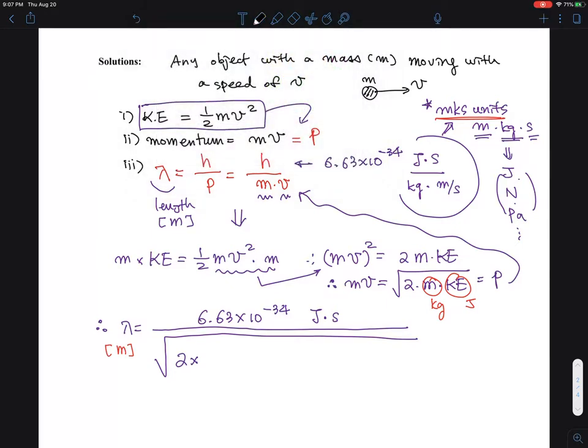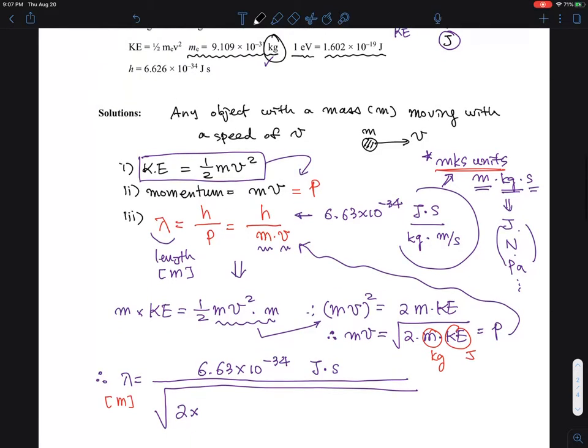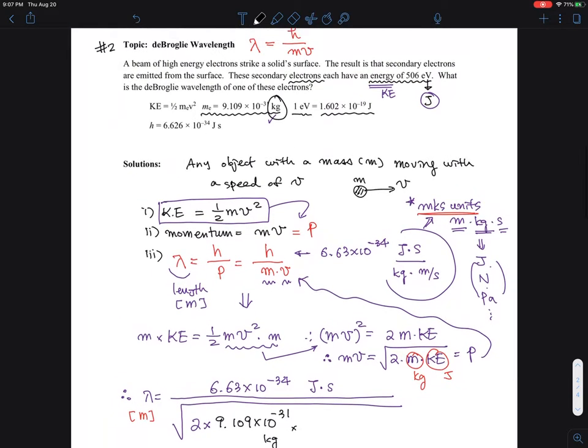So what's my mass? It's shown here nicely in kilograms: 9.109 times 10 to the minus 31 kilograms. And what's my energy? The energy was 506 electron volts. This electron volt has to be converted to joules.